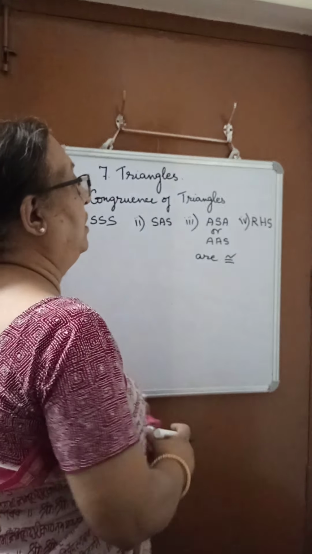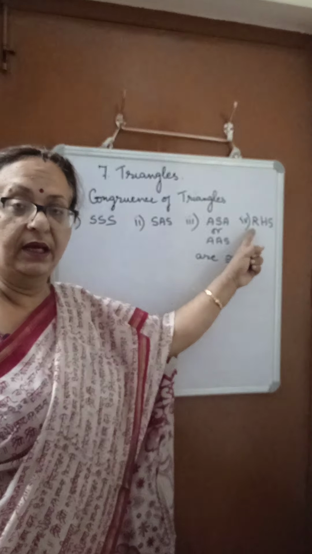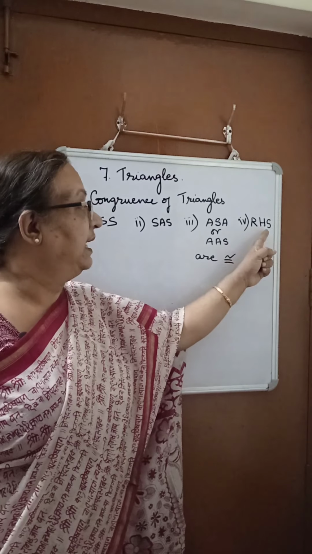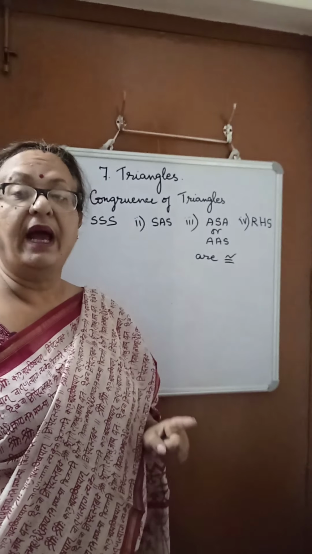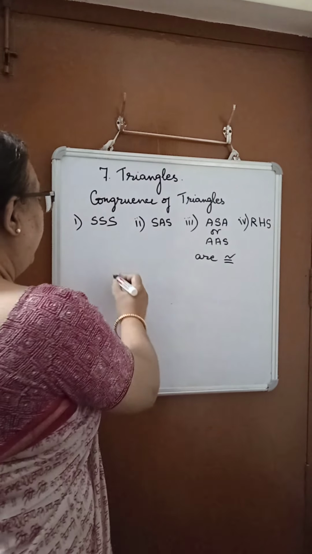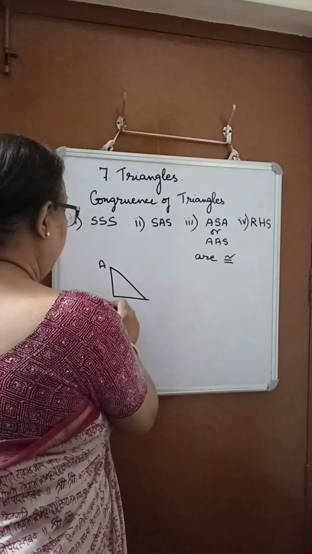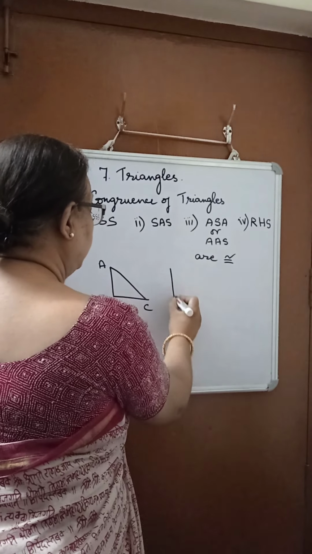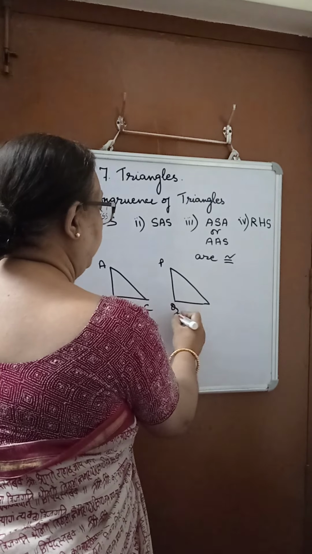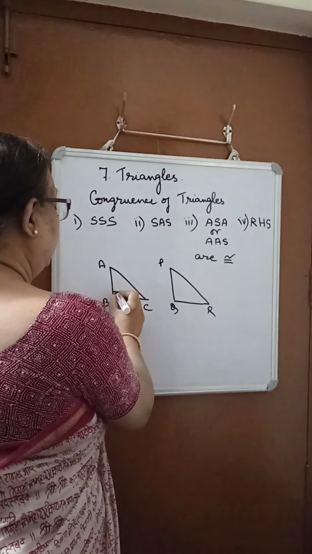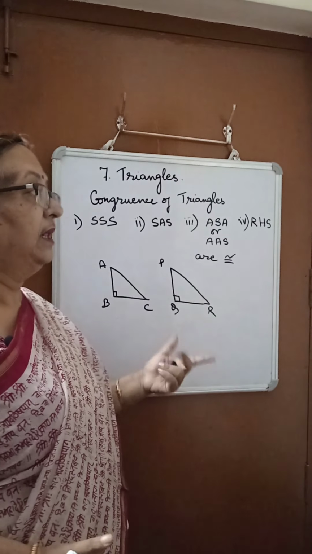Okay. Next we see RHS rule. Now what is RHS? R stands for right angle, H is hypotenuse, S is side, and this rule applies only for right angled triangles. So suppose we have again two right triangles ABC and PQR. These are the right angles, 90 degrees, they are equal.